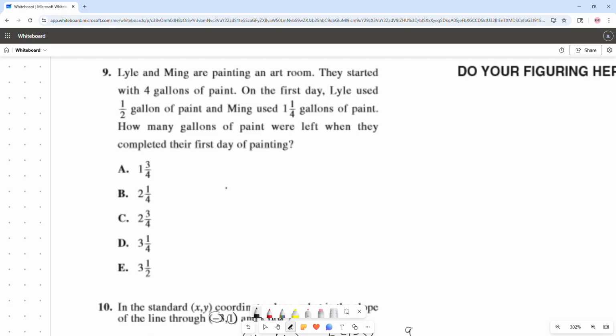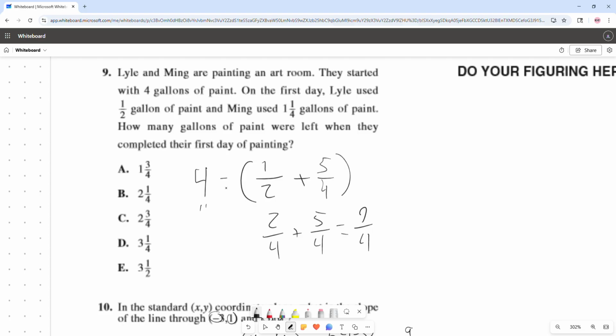So out of the 4 gallons of paint, minus 1/2 gallon plus, to make this an improper fraction, 1 1/4 gallons is also equal to 5/4. And then you just make the same denominator, so 1/2 is equal to 2/4 plus 5/4 equals 7/4.